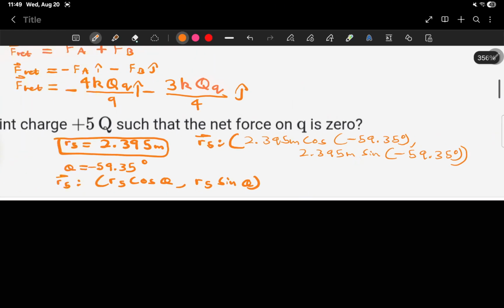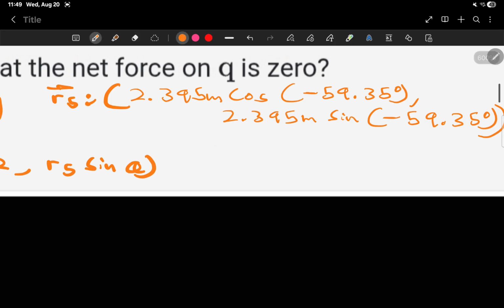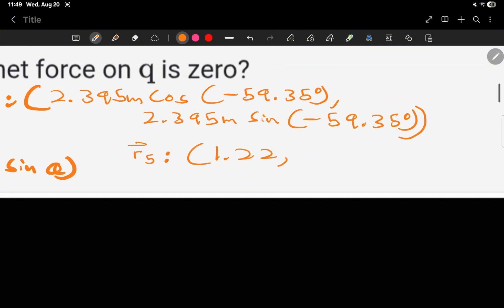So that gives us 1.22 meters on the x axis, and we're getting a positive answer with a negative angle.